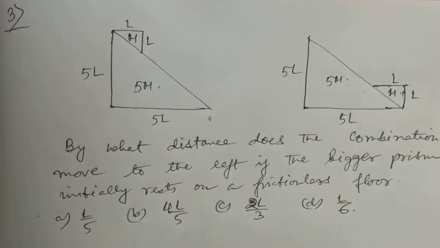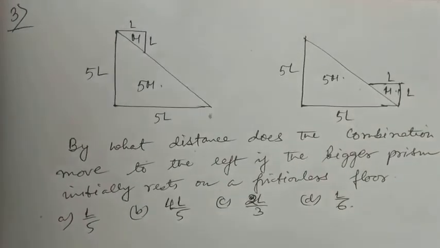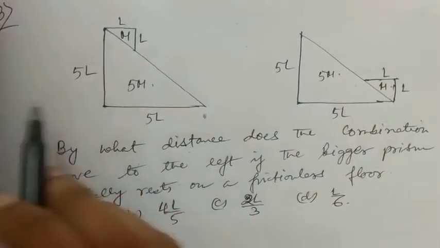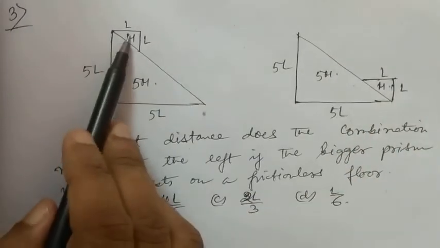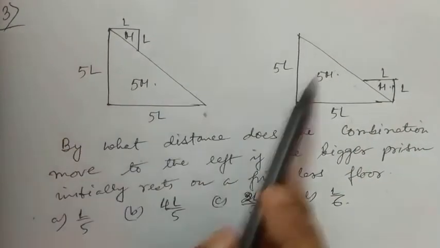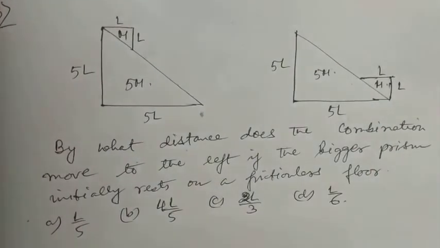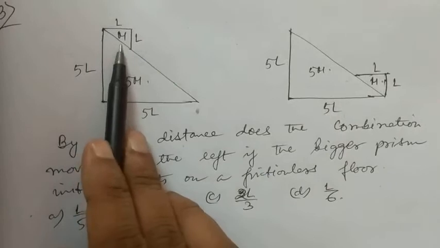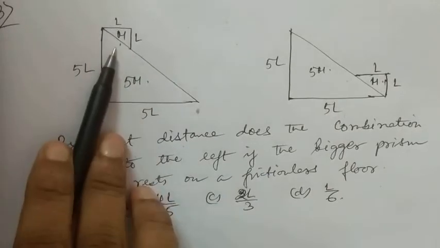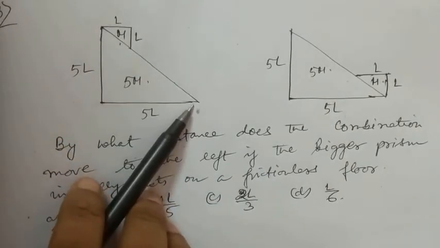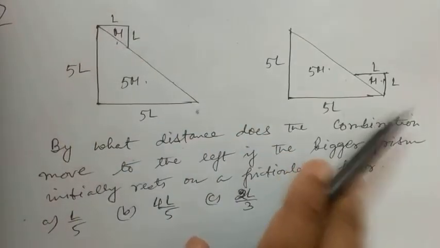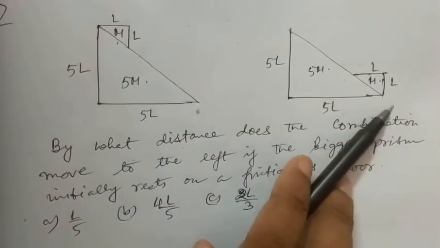Now a third problem. This is the initial diagram, this is the final diagram. As you can see, this block has moved from this position to this position. So the problem goes as the small prism of mass small m slides down on the bigger prism of mass 5m from position shown on the top of the bigger prism to the position at the bottom of the bigger prism.